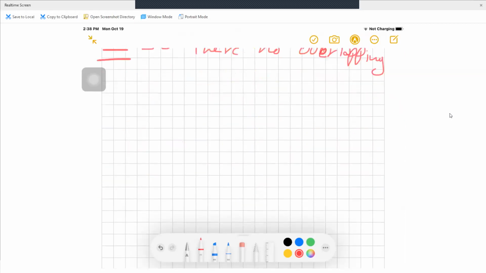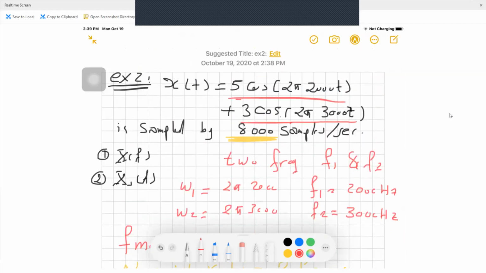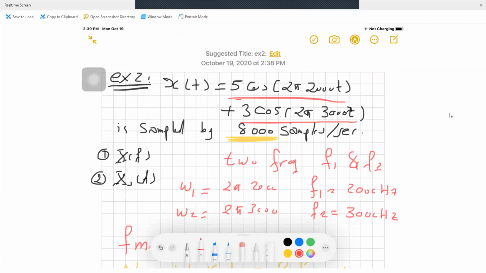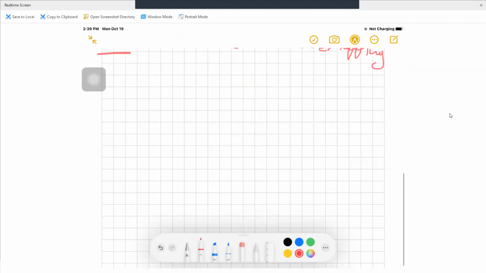Now, according to this problem, let's go back to the example: 5 cosine 2 pi 2000 t and 3 cosine 2 pi 3000 t. Again, I'm going to apply the Euler identity.